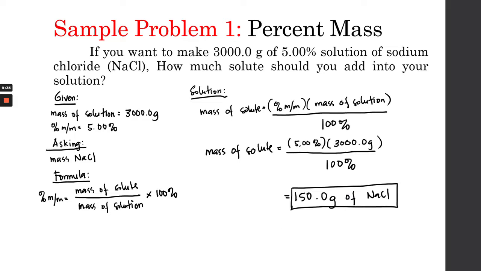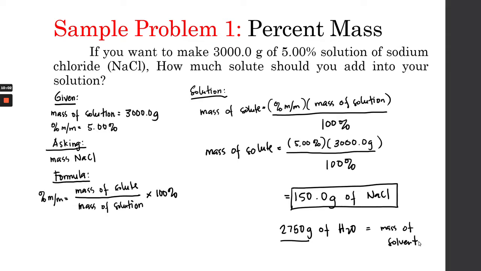If you guys remember, the mass of solution is the mass of solute plus the mass of solvent. So for 3,000 grams, what we need is 2,850 grams of solvent, which in this case would be H2O. Okay, so this is the mass of our solvent.